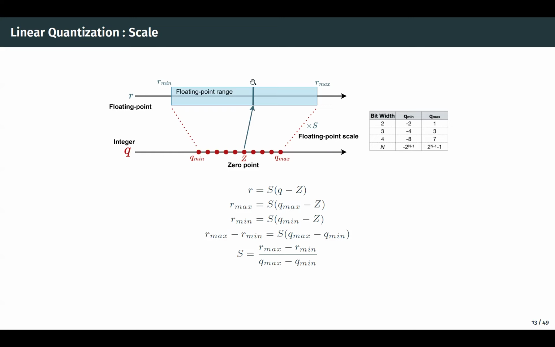Because the number of discrete values we can use is limited by the bit width, whether 8 or n bits, we will be constrained in the maximum and minimum we can represent if we are using a signed representation.